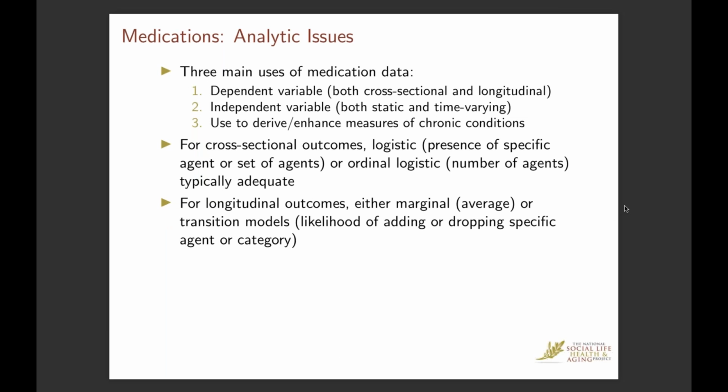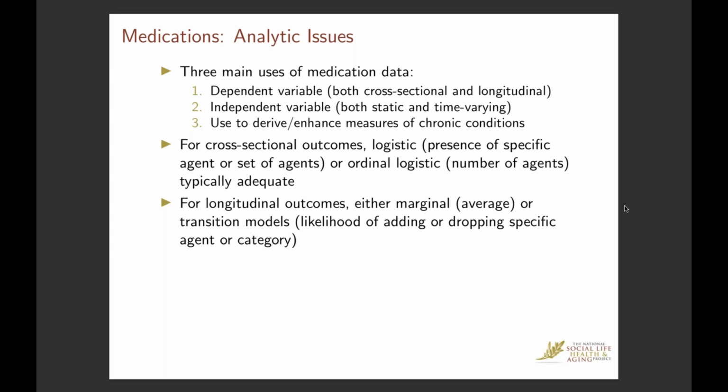Now, analytic issues. There are at least three ways you can use the medication data, and you've seen examples of each of them here today. You can use them as a dependent variable to study use of a particular medication or class, or polypharmacy, or drug interactions, as Dima has shown, both cross-sectionally and longitudinally. We've collected our medication data since the very first wave of NSHAP in 2005 in exactly the same way.